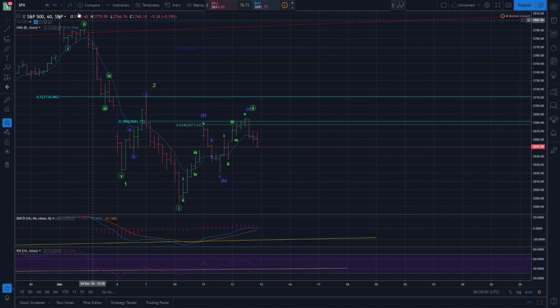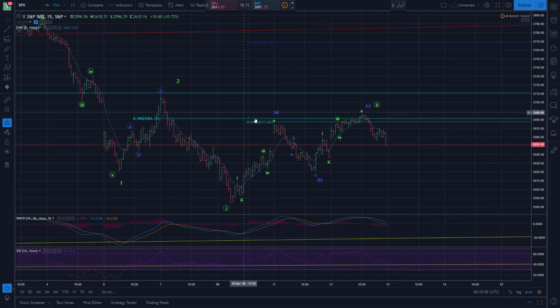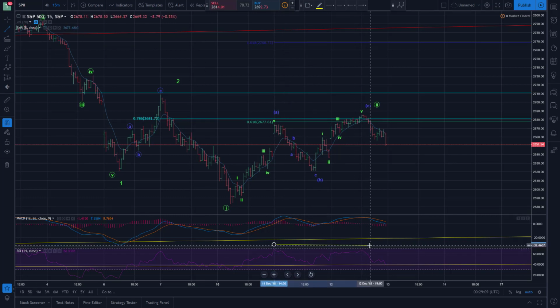So there's that. Now on the 15-minute price chart, once I saw this level get broken, it was kind of a mental stop. But I saw that we were having some bearish divergence here on the 15-minute RSI. So RSI was not making a new high, even though price was.